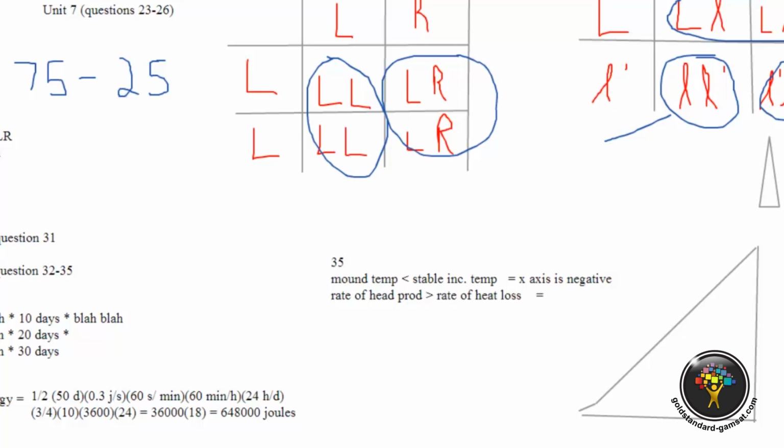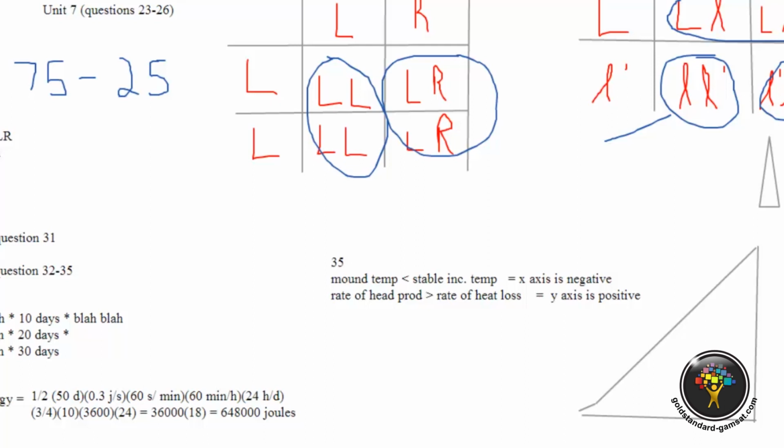Now this is referring to the y-axis. So if the rate of heat production is greater than the rate of heat loss, this means that the heat produced in the mound minus the heat lost from the mound is a positive value.